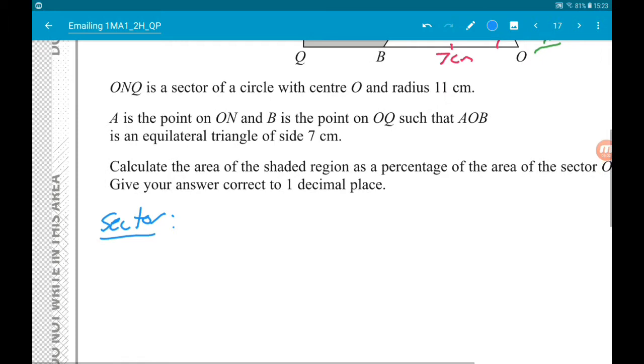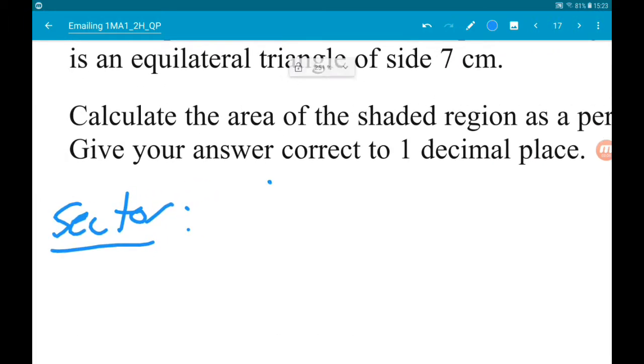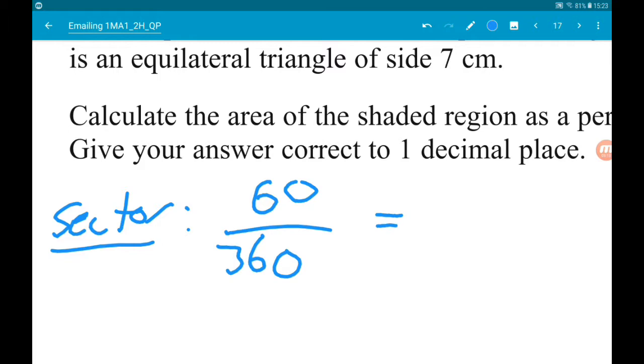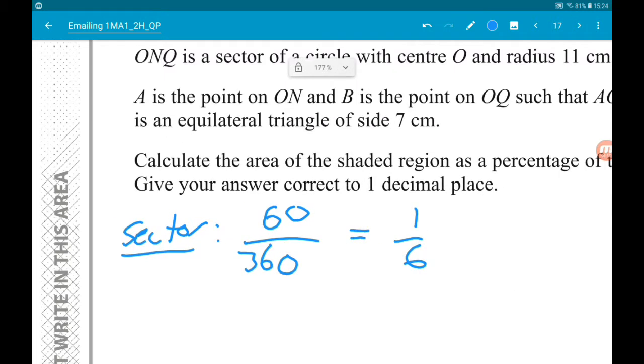So 60 over 360 is 1/6. Now, the formula for the area of a circle, and if you haven't yet, make sure you check out my formula video down below, where you can also get a printable PDF of all the formulas that you need.